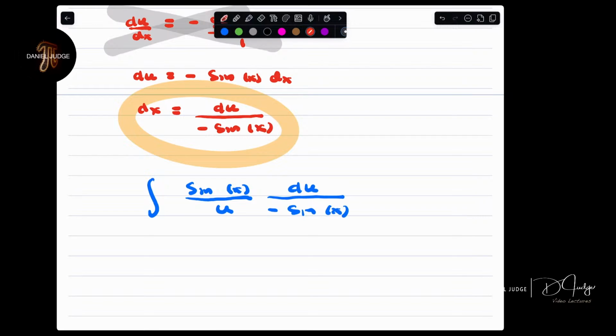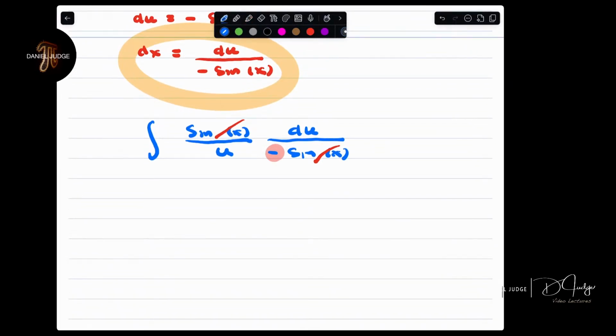And notice that the signs cancel. Be careful here. You have that minus sign there. Bring that minus sign out. It's a constant. So you have the negative integral of 1 over u du.